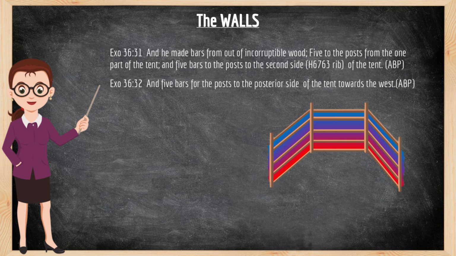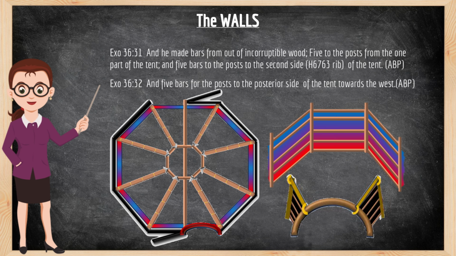So it would appear that the side walls consist of 5 bars running horizontally between the posts of the main tent frame, starting with the one side, which is the south side, and the second on the north, and the vestibule on the posterior west side, which actually proves that there is an entry addition here.